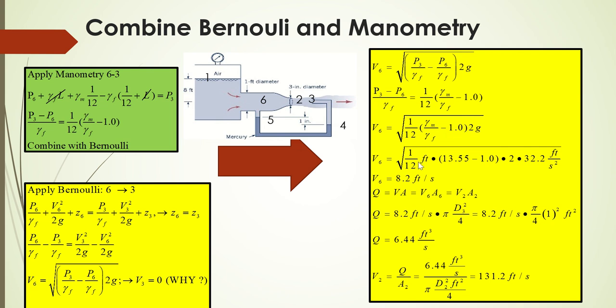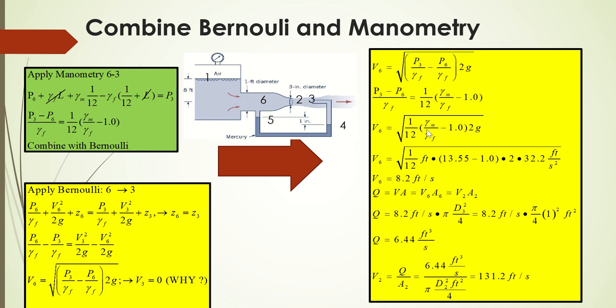And note that I don't plug in numbers until I get to a point where I see that I have one equation and one unknown. So here I have one equation and one unknown.